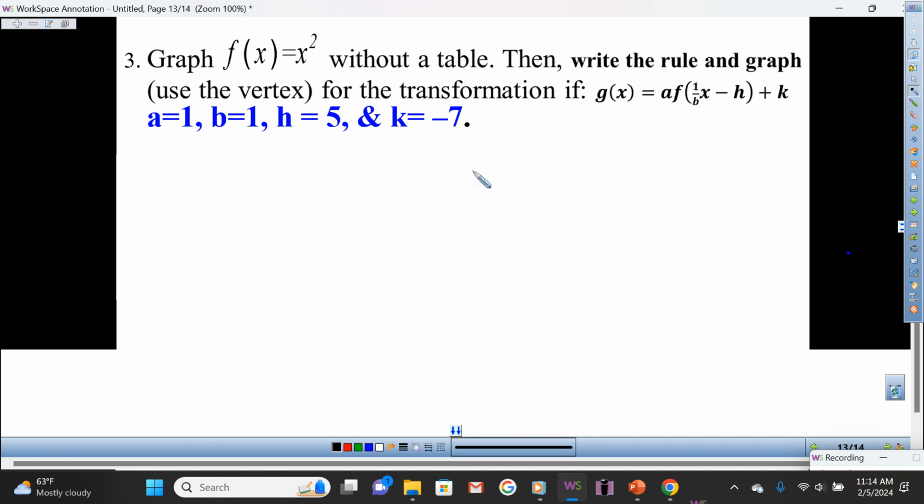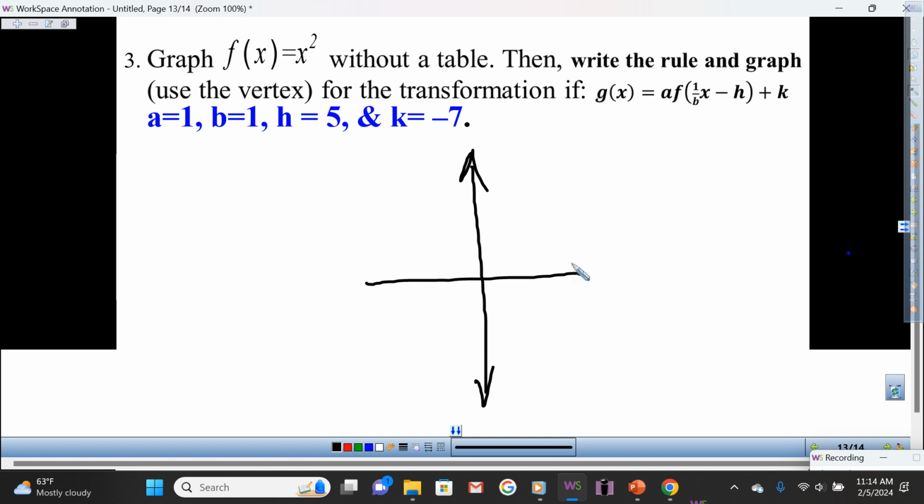Here it goes. If I graph x squared, so I start with negative 2. What is negative 2 squared? 4. What is negative 1 squared? 1. 0 squared? 0. 1 squared? 1. 2 squared? 4. All right, so here's my f of x.